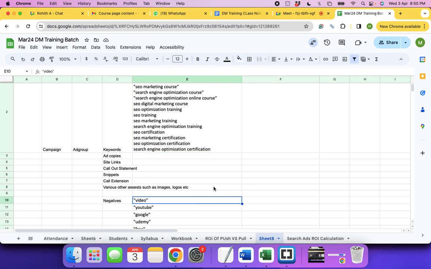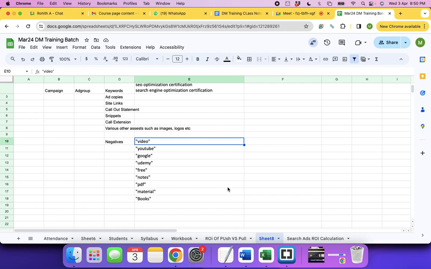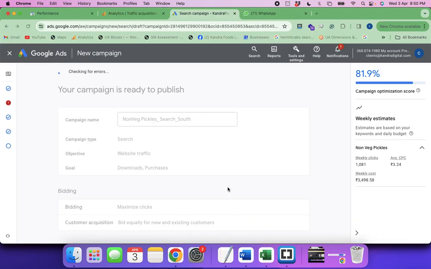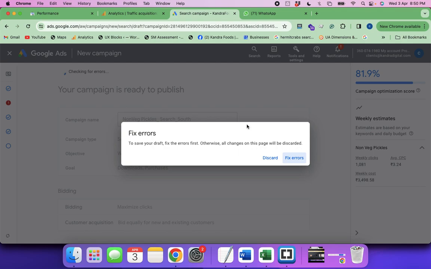I'll quickly show you the negatives, what kind of negatives would have got added. You will be surprised. See, maximum we could think of only this, right? So after we ran the ads, our ads were getting triggered for a few hundreds of irrelevant keywords, and I'll show you how they look.